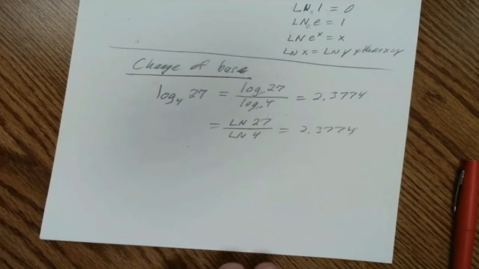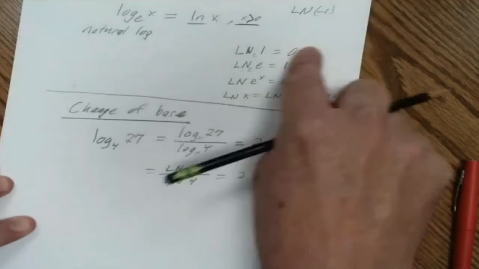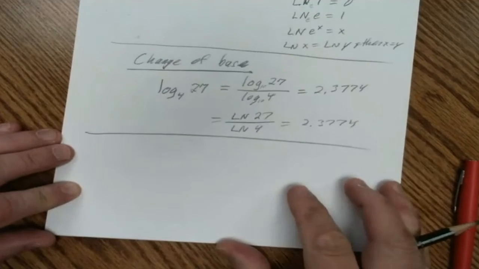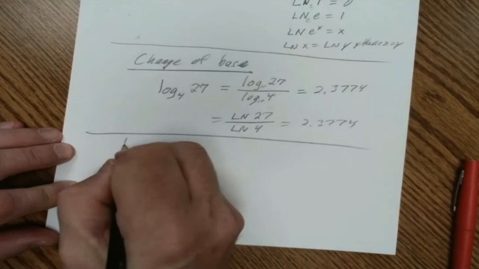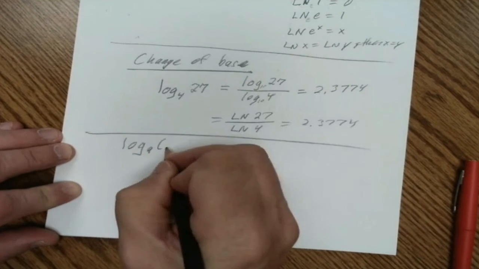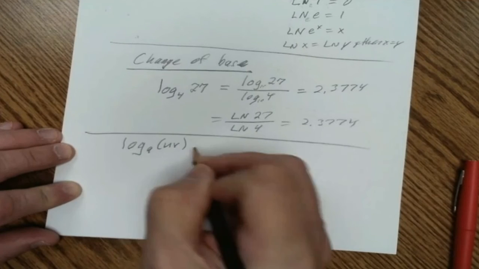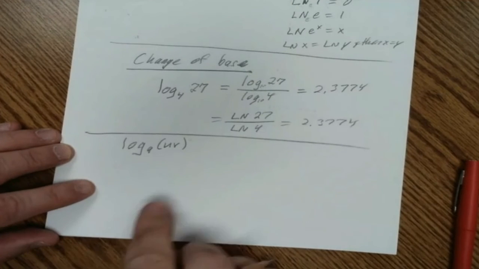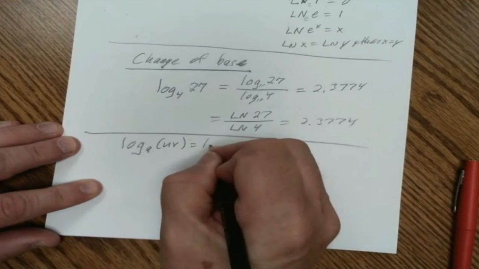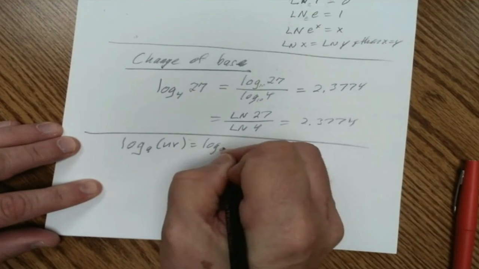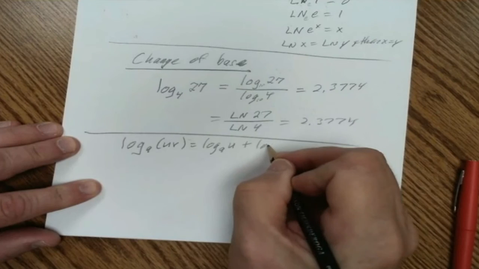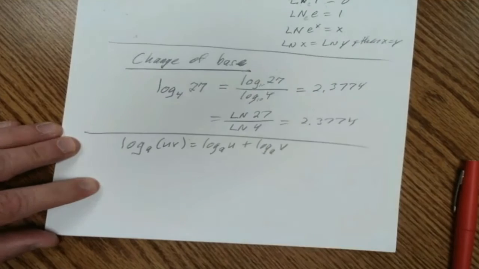So let's add some more properties to what we had up here, other than this change of base, which is a wonderful thing. All right, let's say we have log base a of u times v. So we have two numbers in here being multiplied together. That is the same thing as log base a of u plus log base a of v.